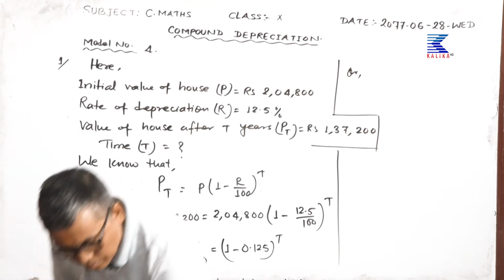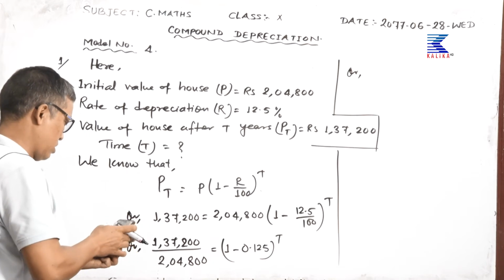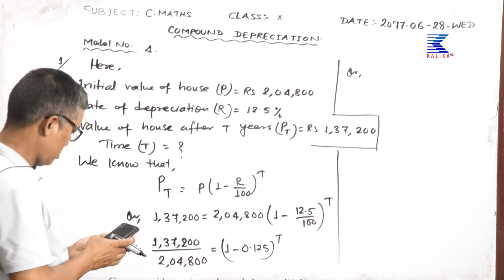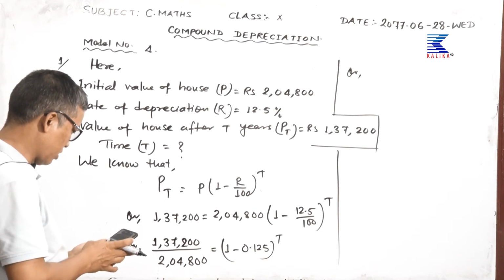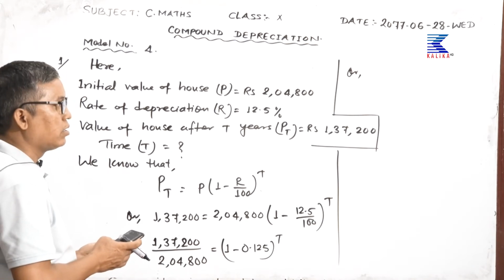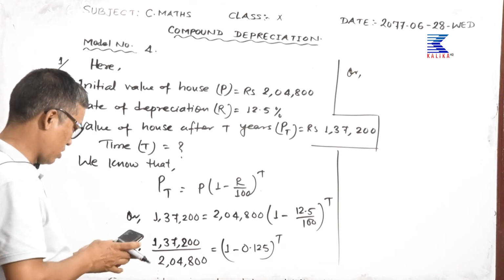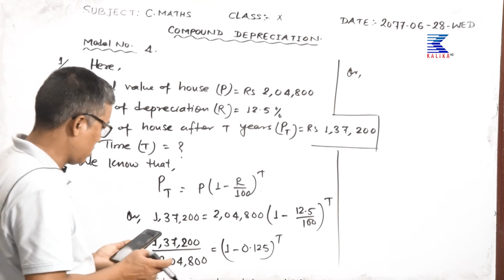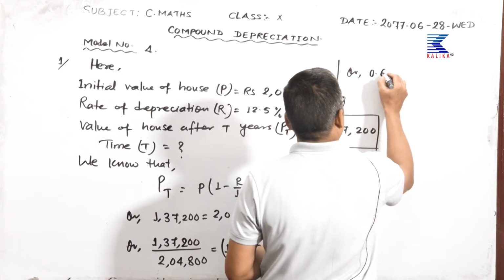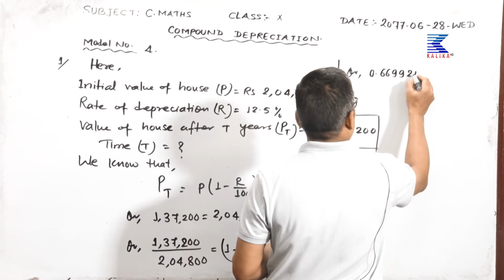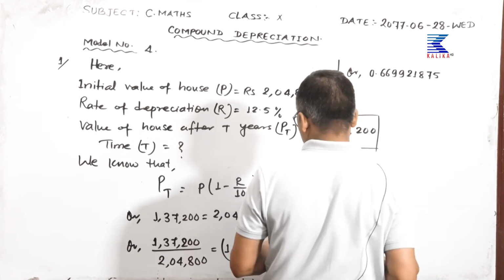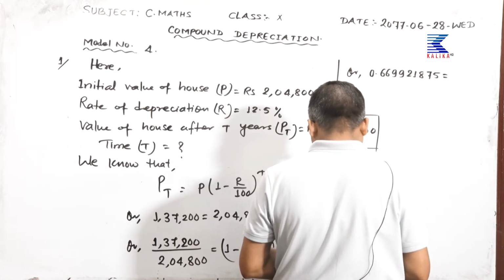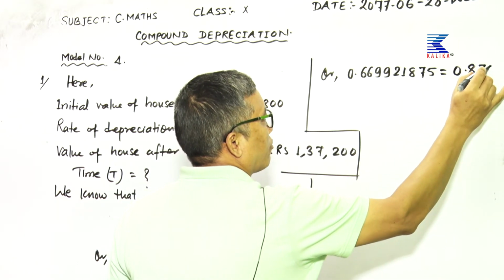Or by using calculator, 1,37,200 divided by 2,04,800 is 0.66992185, which is equal to 0.875 to the power t.